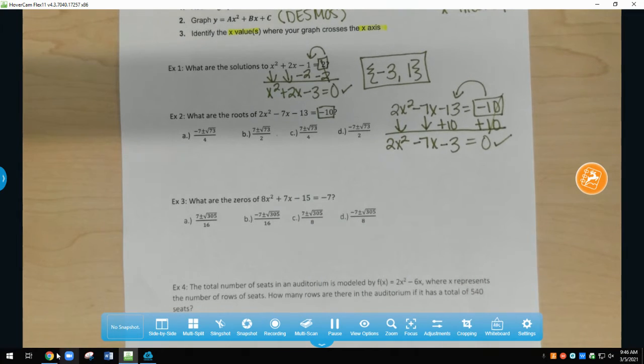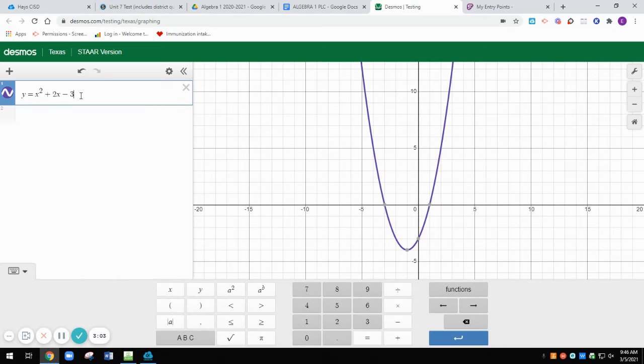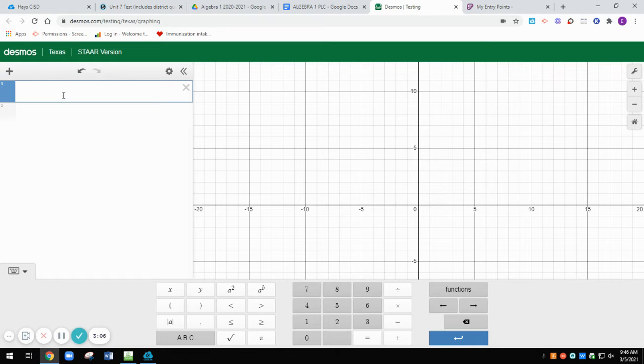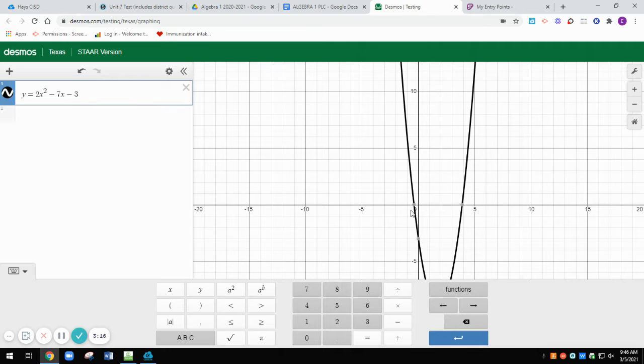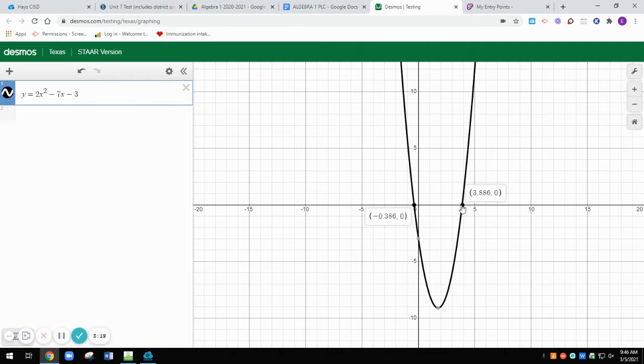So I'm going to go to Desmos. And I'm going to start with y equals 2x squared minus 7x minus 3. And I'm going to go ahead and write down these decimals.